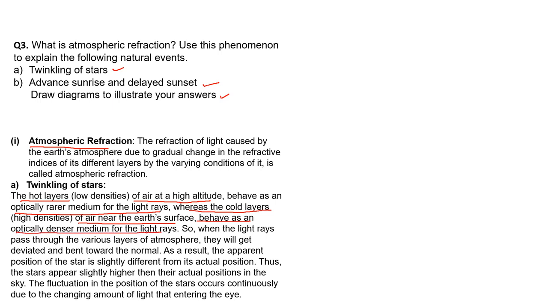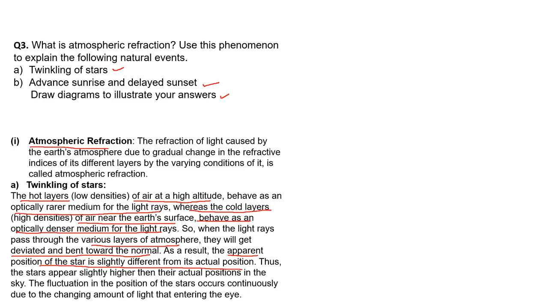So when the light rays pass through the various layers of the atmosphere, they get deviated and bent towards the normal. As a result, the apparent position of the star is slightly different from its actual position. Thus, the stars appear slightly higher than the actual position in the sky.